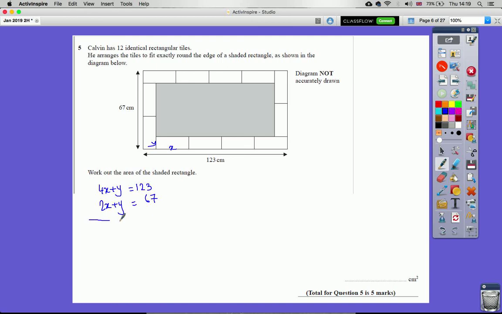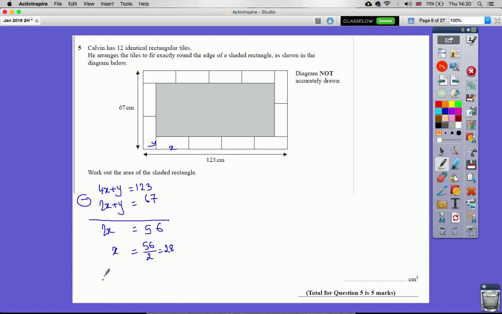So now I'm going to solve the equations. I'm going to subtract. So 4x minus 2x is 2x. y minus y cancels out. And you get 2x is equal to 56. So x will be 56 divided by 2, 28. Now we're going to put that value in this other equation, 2x plus y.